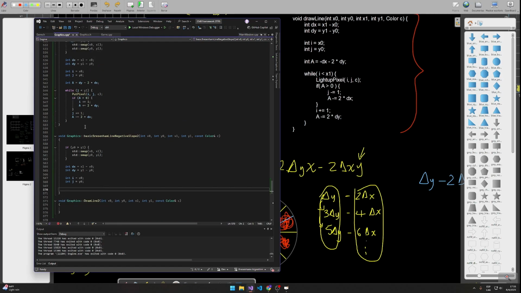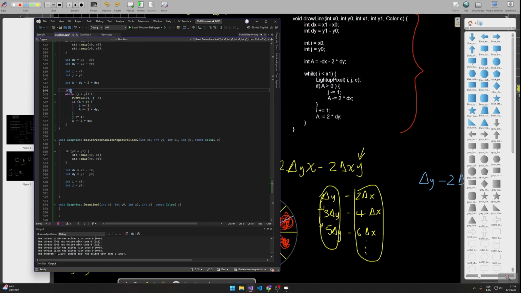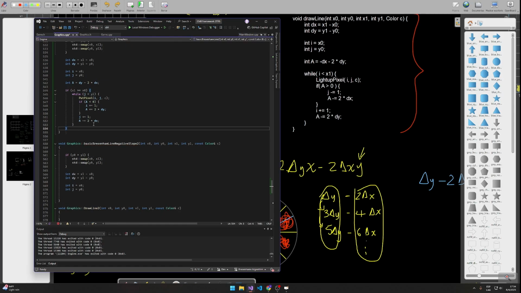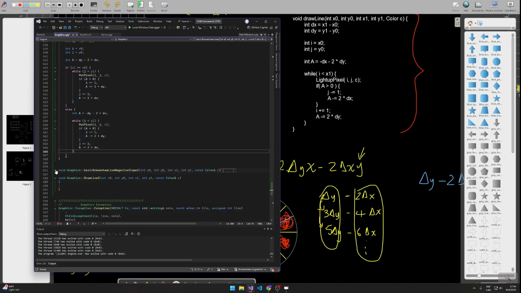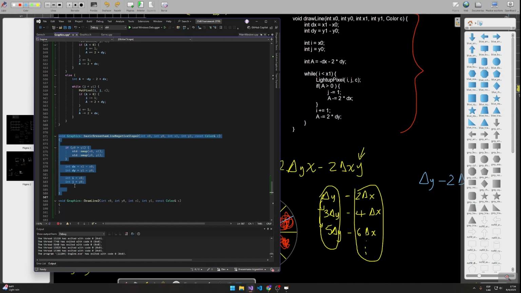I'm going to take this, but now remember, in this case our condition is based on x. If it is a positive horizontal slope, we're going to apply this algorithm, else we're going to apply this logic here.